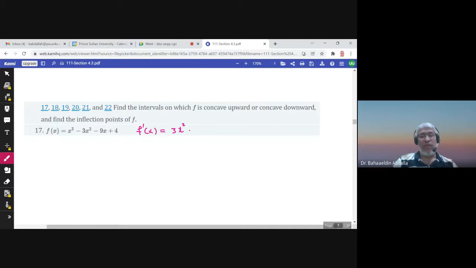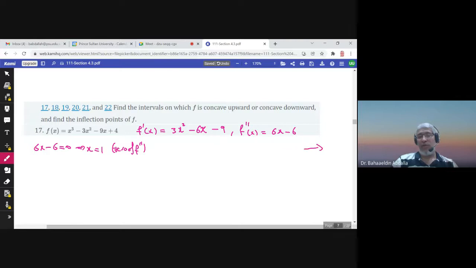So let us start by finding f prime, and then find f double prime. And now we need to determine the signs of f double prime. And to do that, we have seen that we need to find the zeros. So there is only one zero, which is x equals 1. So this is the zero of f double prime.